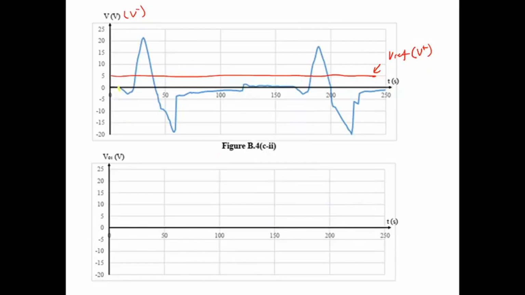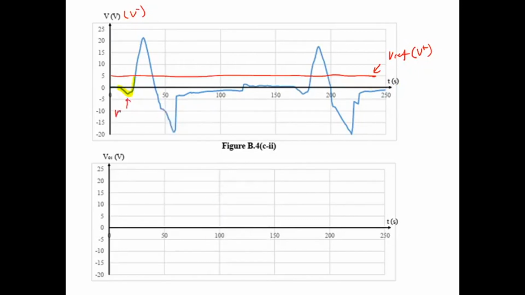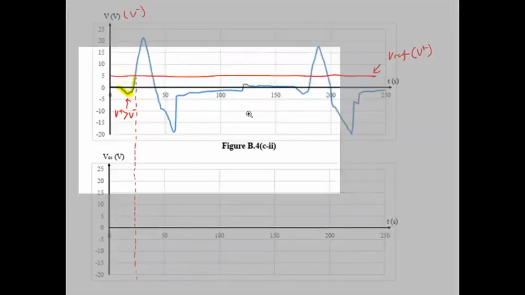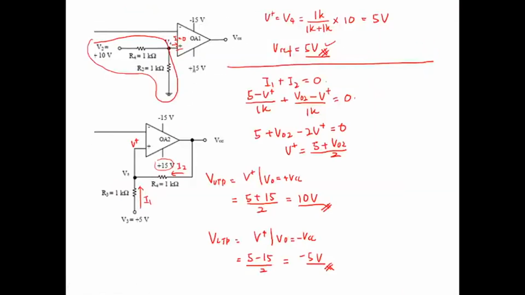For example, this part is where your input, the V minus, is lower than V plus. When V plus is larger than V minus, the comparator will give you plus VCC, which is 15 volt.